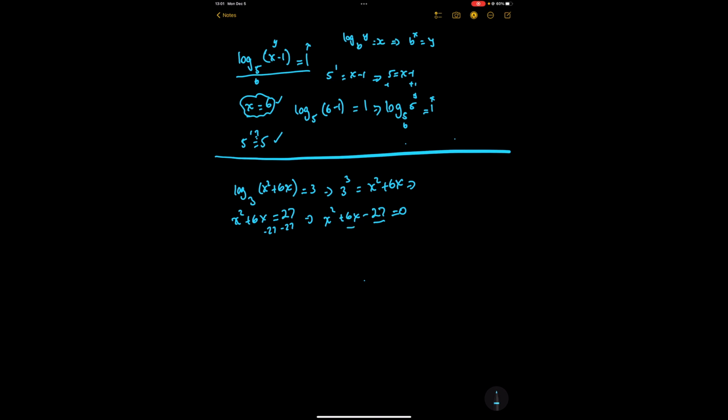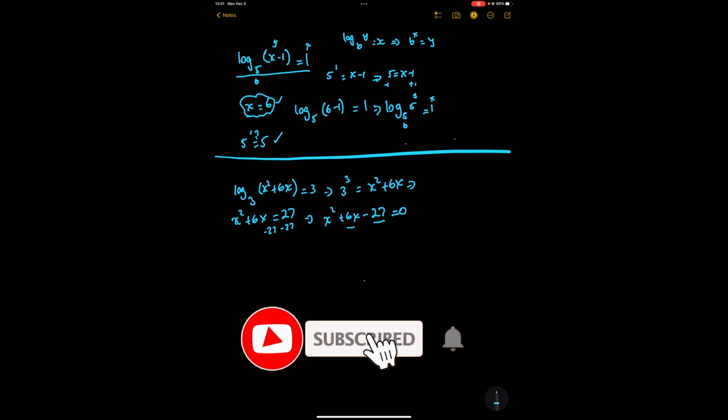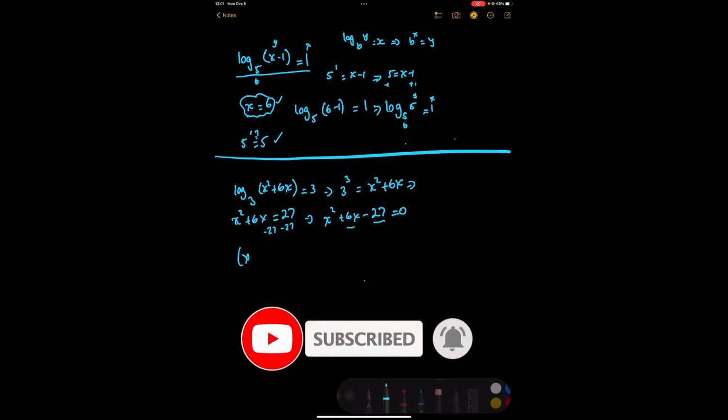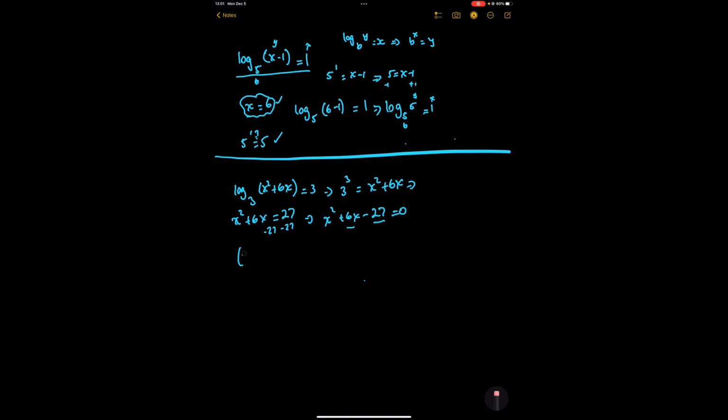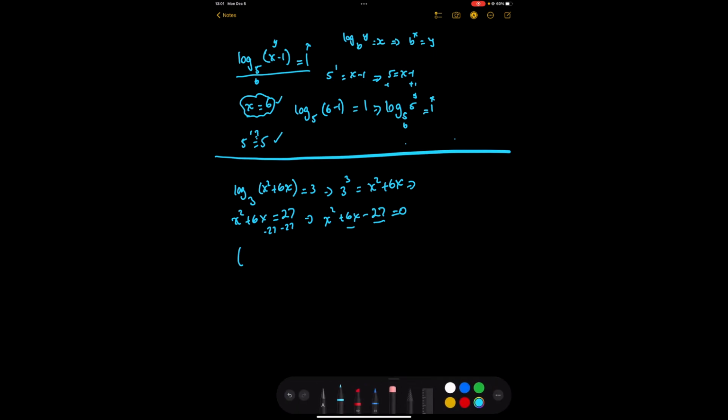The only numbers that add to 6 and multiply to 27 are 9 and 3. We could do the longer way by doing the expansion, but since this one is pretty easy, I'm not going to do the expansion.